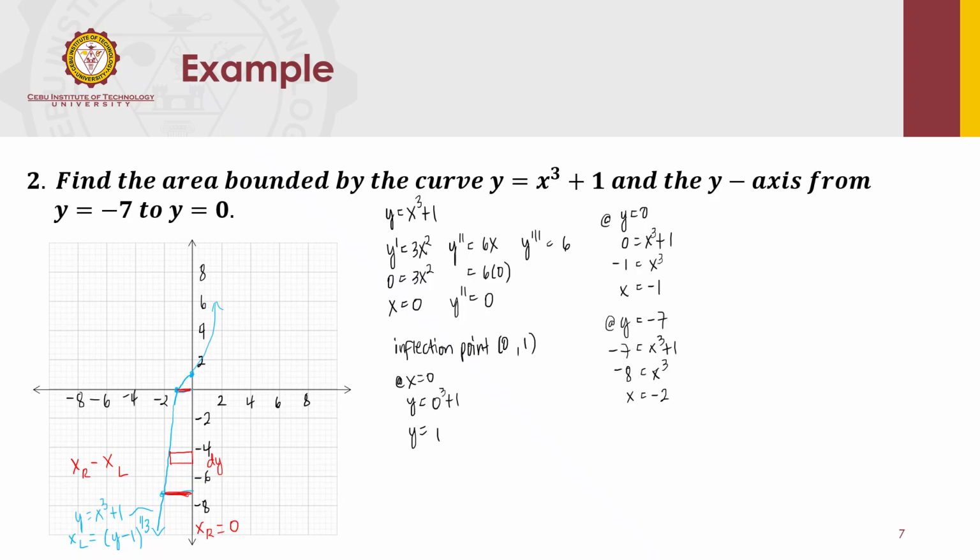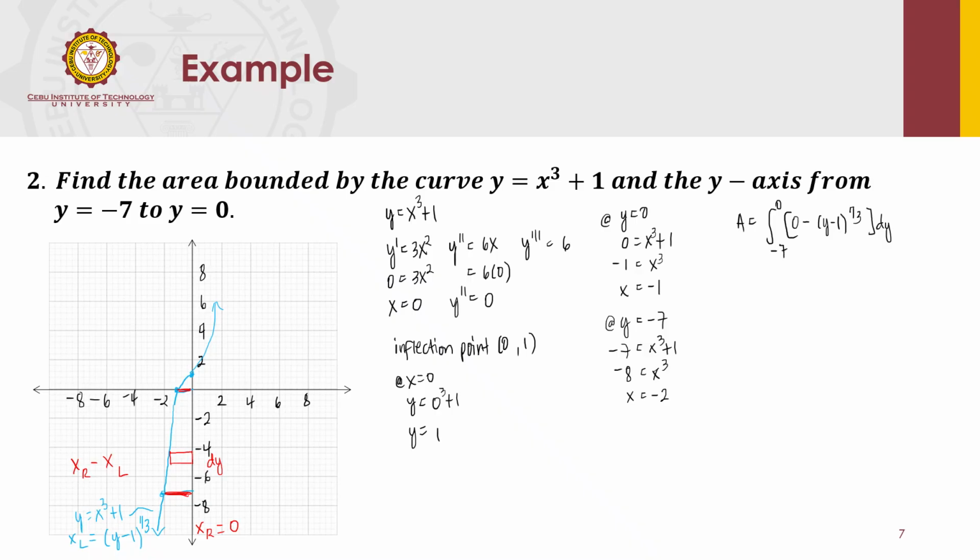All right, so our area would now be the integral of x sub r minus x sub l, so it's 0 minus the cube root of (y minus 1), dy, from the lower value of y, which is -7, to the upper limit, which is 0.